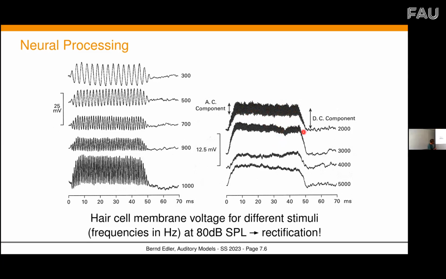But the higher the frequency gets, the less we see of this change of potentials going up and down caused by the vibration itself. At high frequencies, we more or less see only the envelope of the vibration and not the individual periods anymore.